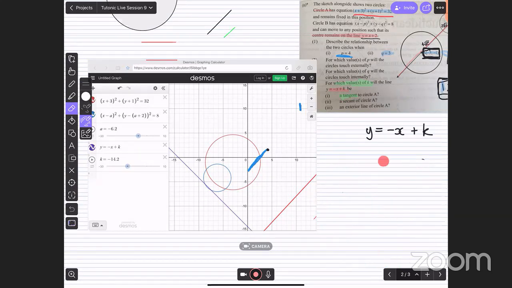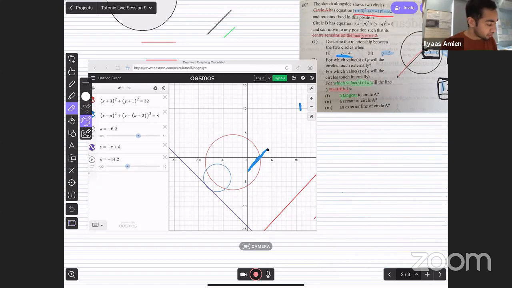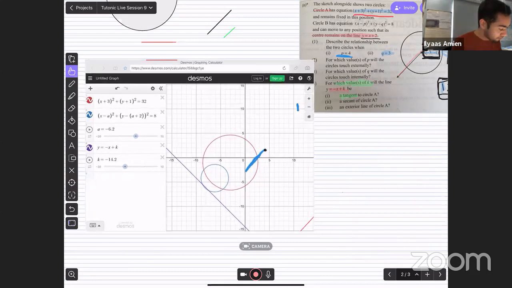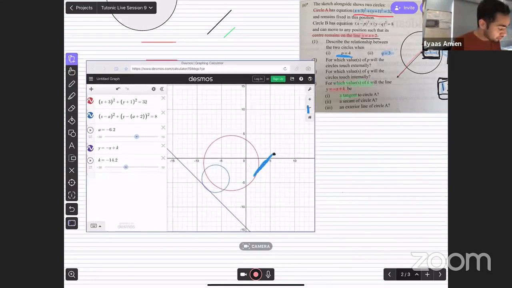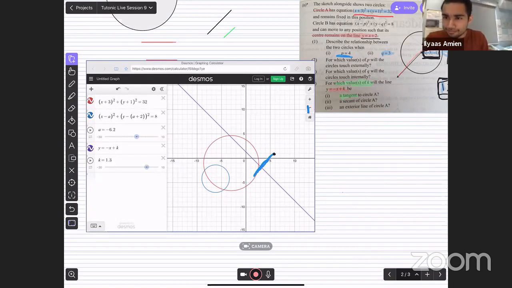Okay. So the tangent, I first got you guys to realize that the tangent, because the gradient is -1 and the line x plus 2 is 1, gradient is 1, that means that their gradients are opposites.